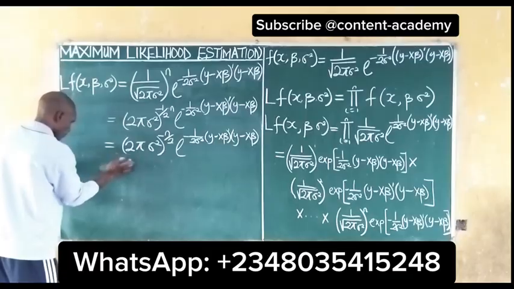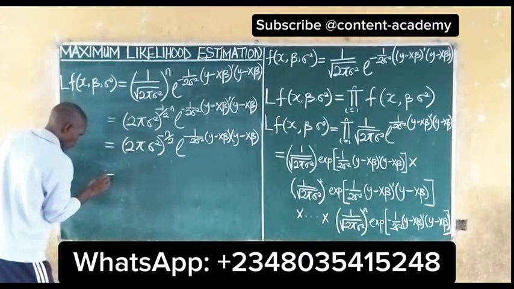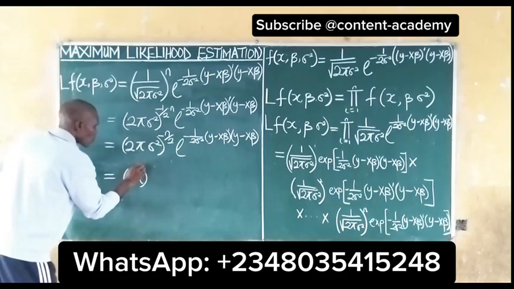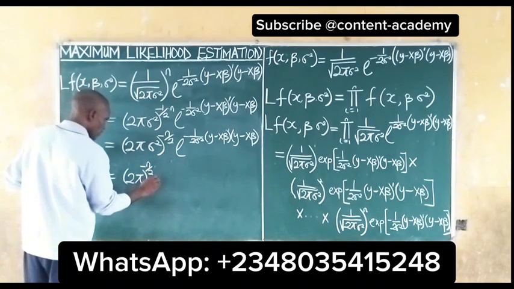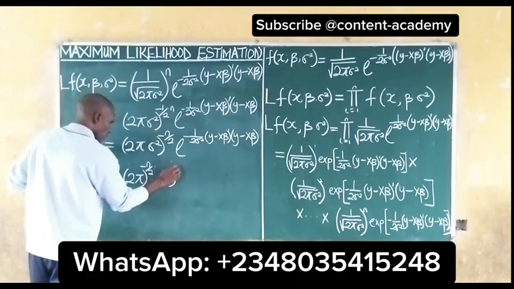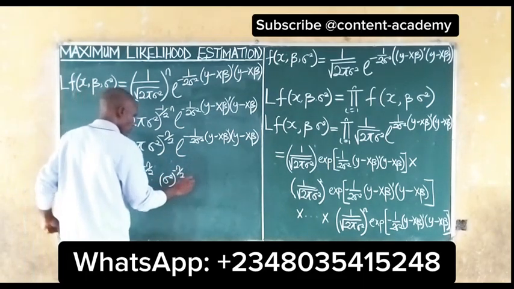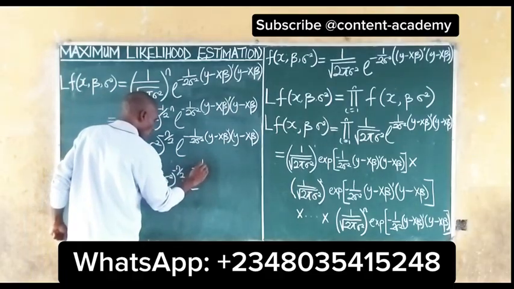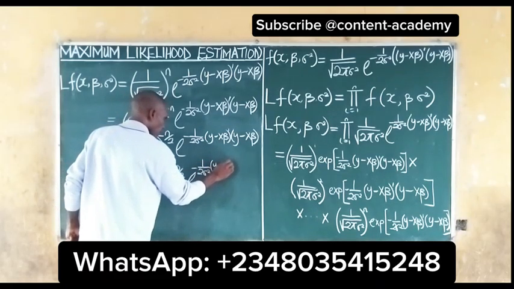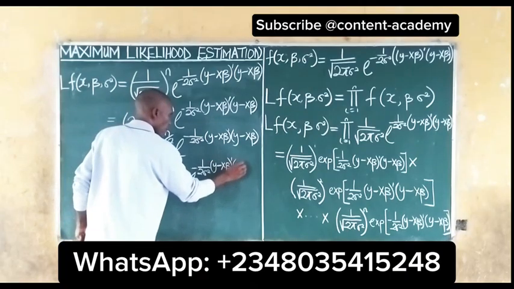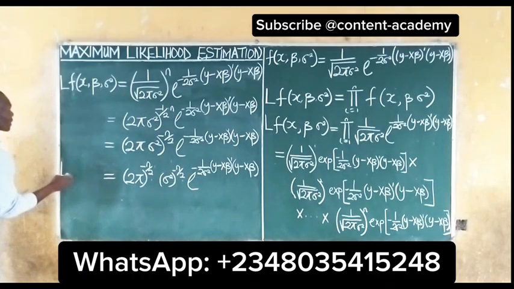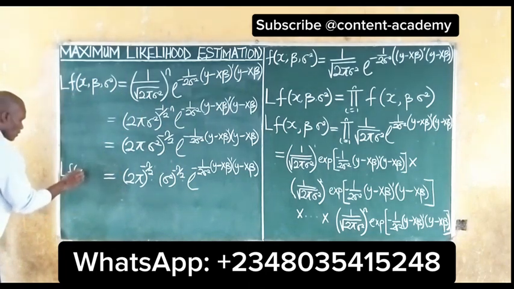Now we can write this as 2 pi to the negative n all over 2, multiplied by sigma squared to the negative n all over 2, multiplied by exponential negative 1 all over 2 sigma squared y minus x beta transpose and y minus x beta, which is still our likelihood function.